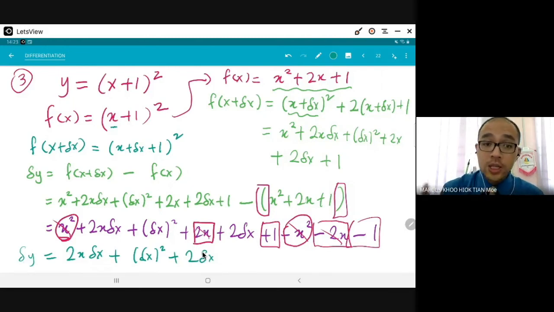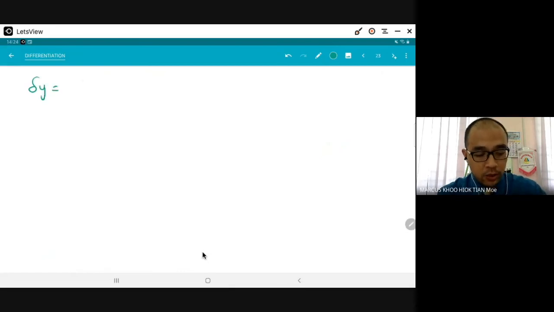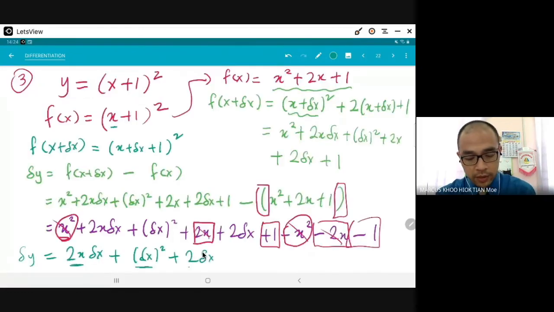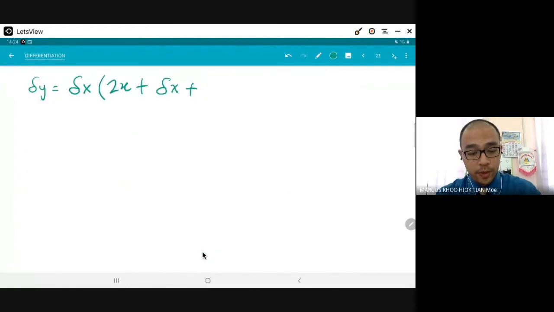So the good news is we can still factorize out the del x. We can still take out del x. All three have del x, right? So I will get del y equals to del x. Okay, if I take out del x, I am left with 2x. Plus, over here I will get del x. Okay, plus, over here I will only get 2.